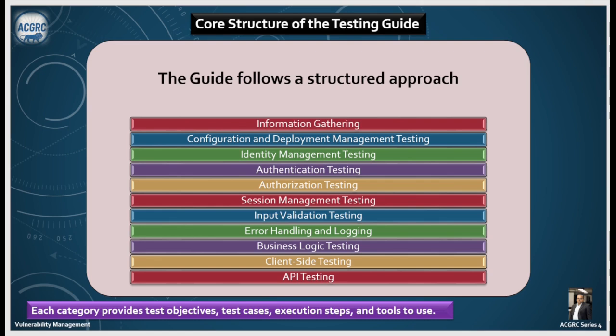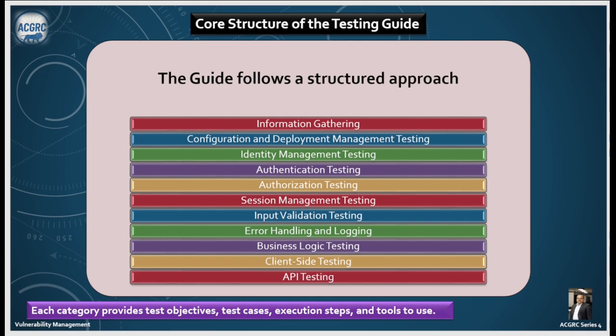It starts with steps as shown on the screen, and each category provides test objective, test cases, execution steps, and tools to use. In simple language, the OWASP testing guide is designed to help security professionals test web applications in a systematic and organized way. It breaks down testing into phases and categories, so nothing is missed.